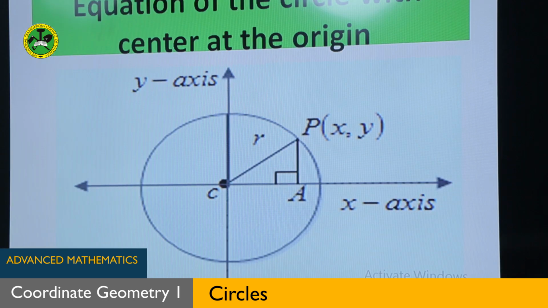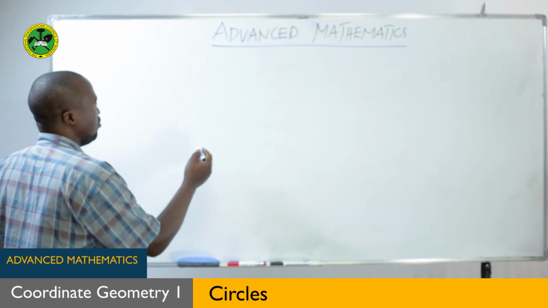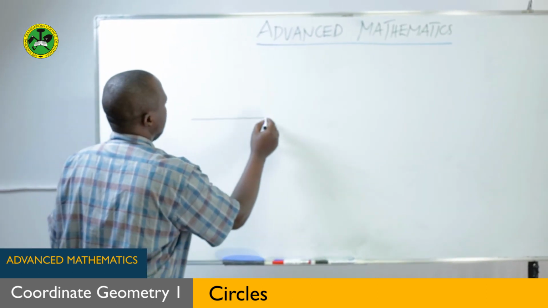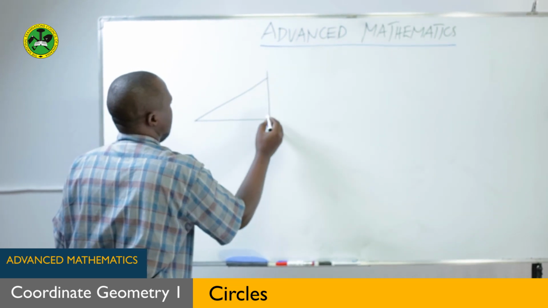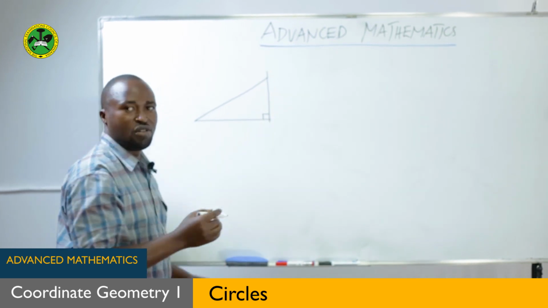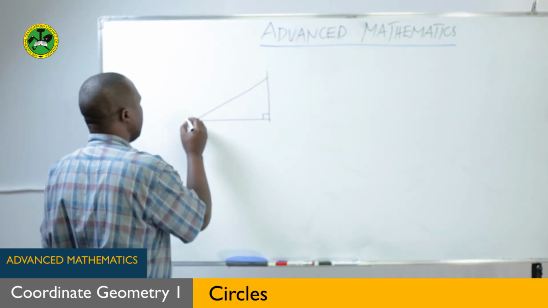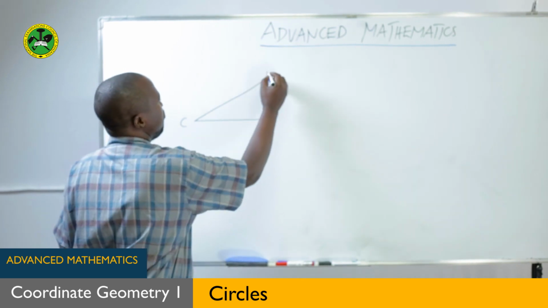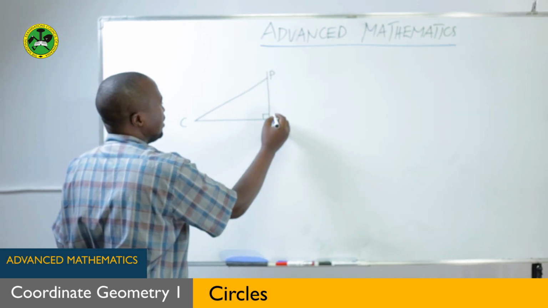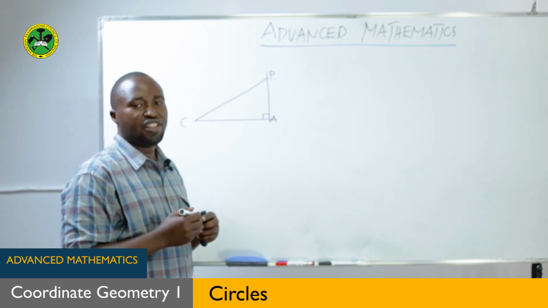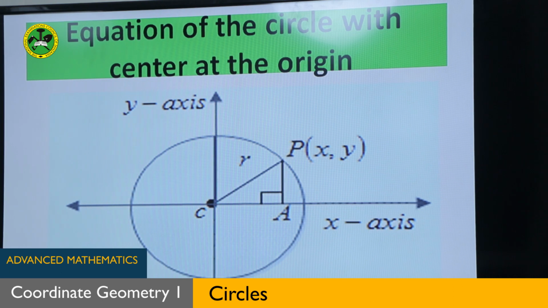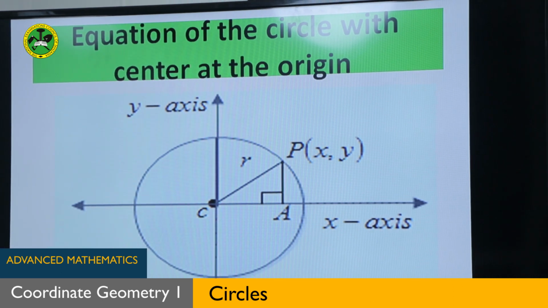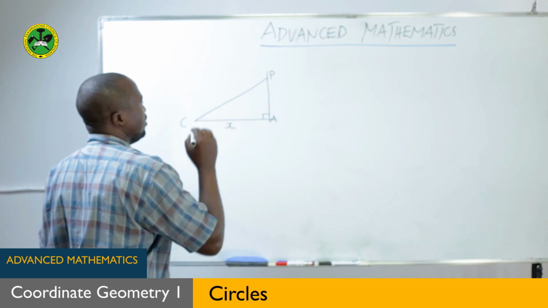Now let us take this triangle that is CPA. So our triangle will be like this. So this is our triangle, with the coordinate C, but again we have P and another coordinate that is A. So the horizontal distance from C to A, call this X. You can say X units.